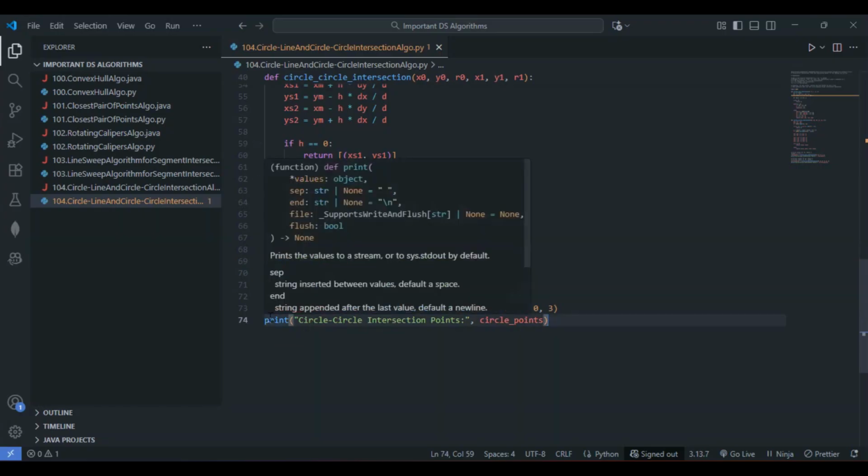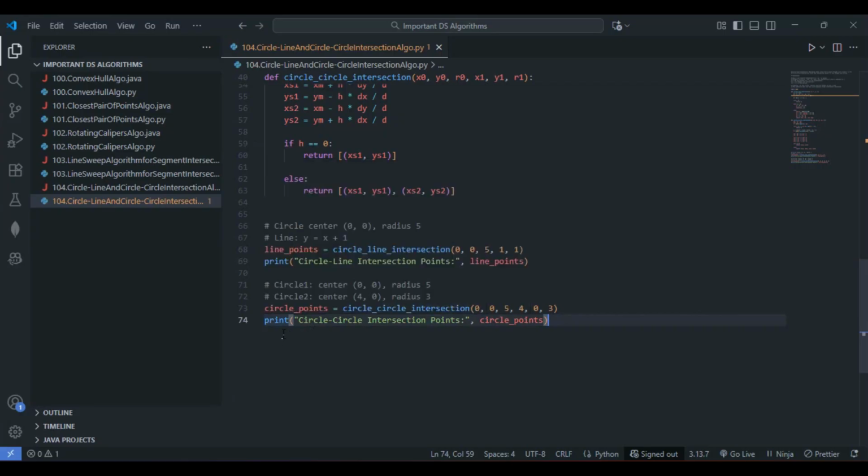So what is the output that we need to get, according to the algorithm that we have written? We have discussed the algorithm, and we know it pretty well. For the first one, we are going with the circle line intersection 0, 0, 5, 1, 1: circle center 0, 0, radius 5, and the line y equals x plus 1.